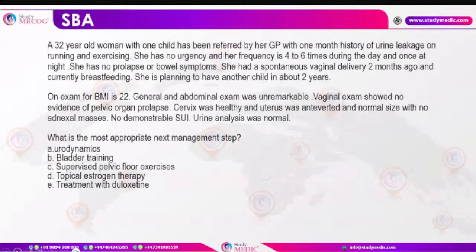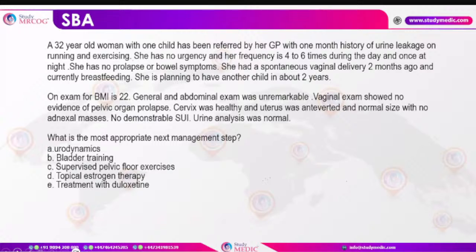Now, another question that could be asked is, you have a 32-year-old woman who has had one child and she has been referred by her GP with a 1 month history of urine leakage on running and exercising. She has no urgency. Frequency is 4 to 6 times during the day, once at night. That means no nocturia. She has no prolapse, no bowel symptoms.